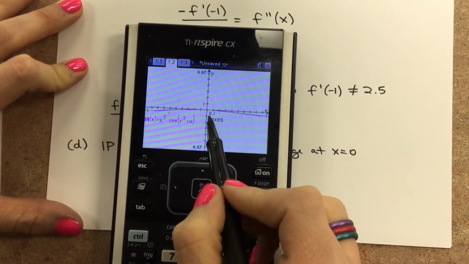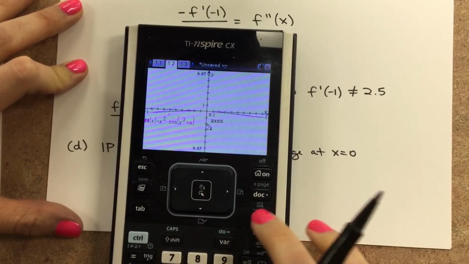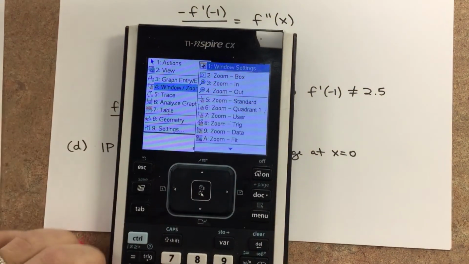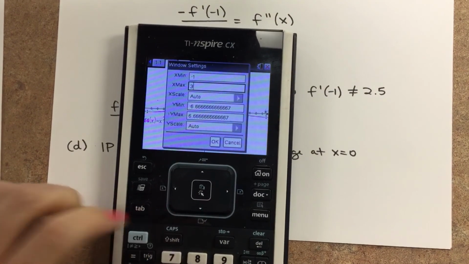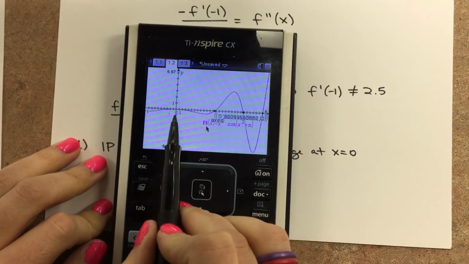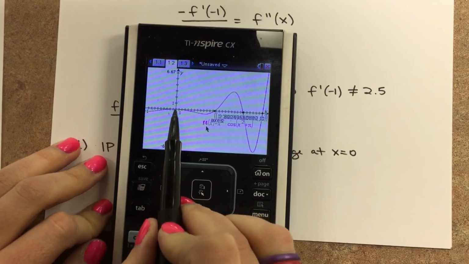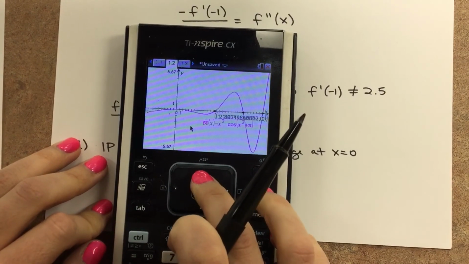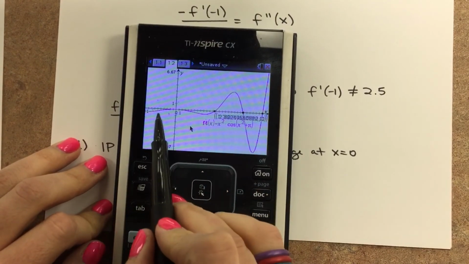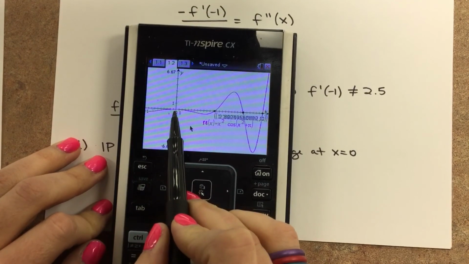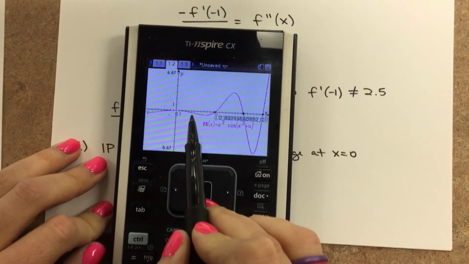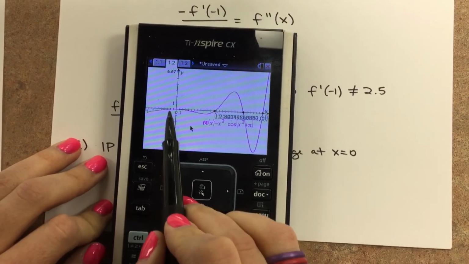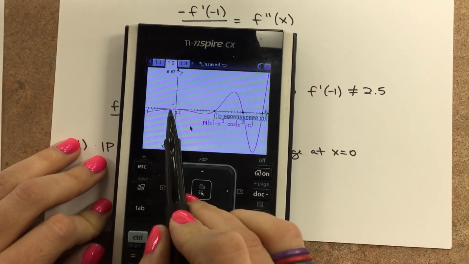We see right here, here's x equals 0. We are going to go back to our original window between -1 and 3, because that's what they defined it as. You can see right here, it is equal to 0 there, but it's not a sign change. It's below the x-axis, it hits 0, and then it goes back below the x-axis. So this is f double prime, and f double prime is not exhibiting a sign change at x equals 0.